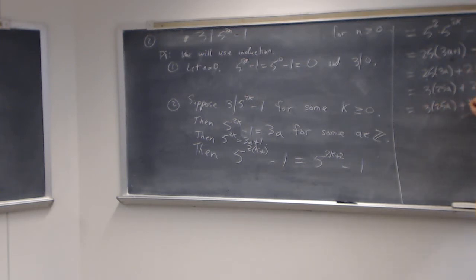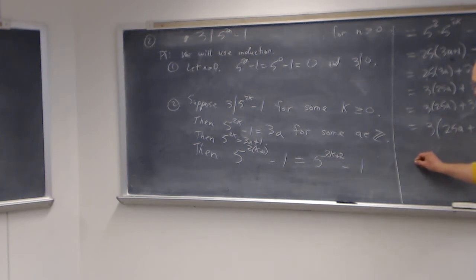I'm showing a lot of stuff here. All right, so that's the goal. I wanted to show that 5 to the power 2 times k plus 1 minus 1 looks like 3 times an integer.